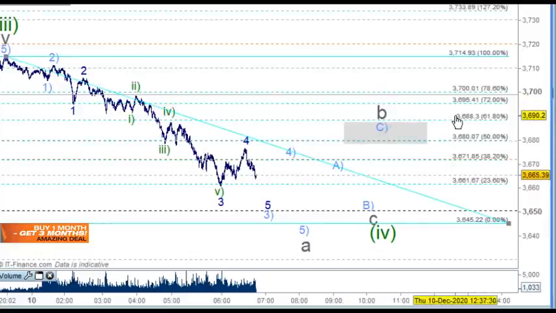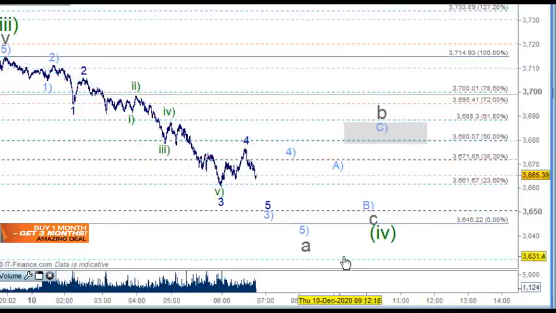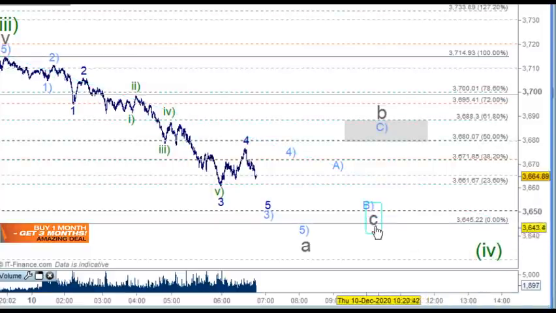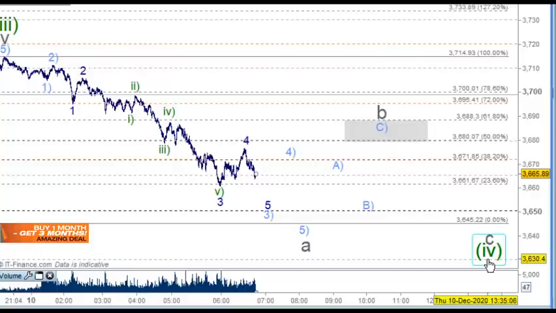That's important, because if you think there's a low in place and you start moving in long here, you need to know where the problem's going to be, and the problem's going to be at the 3688 area, but depending on where that low comes in at that point, of course. And because we've got 5 waves here, that means that after an ABC correction, we're going to get another 5 waves down.